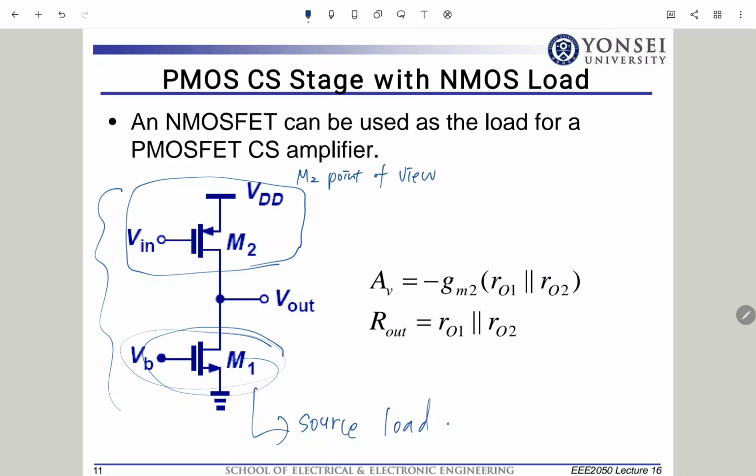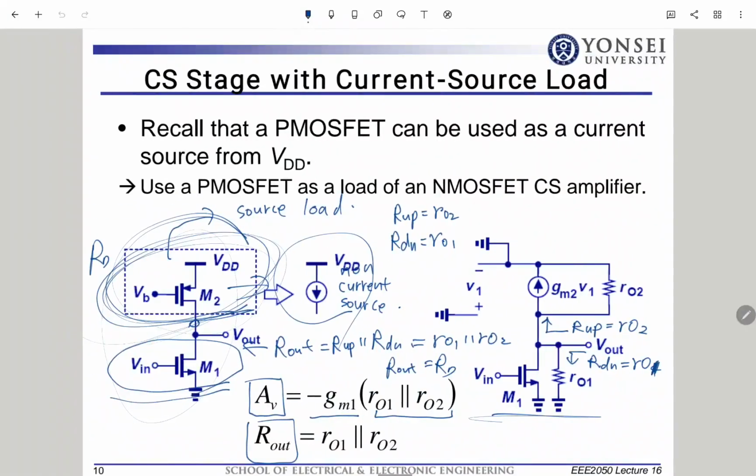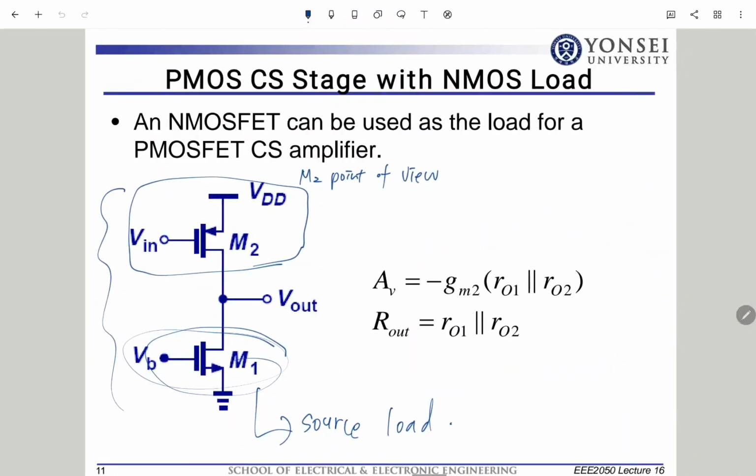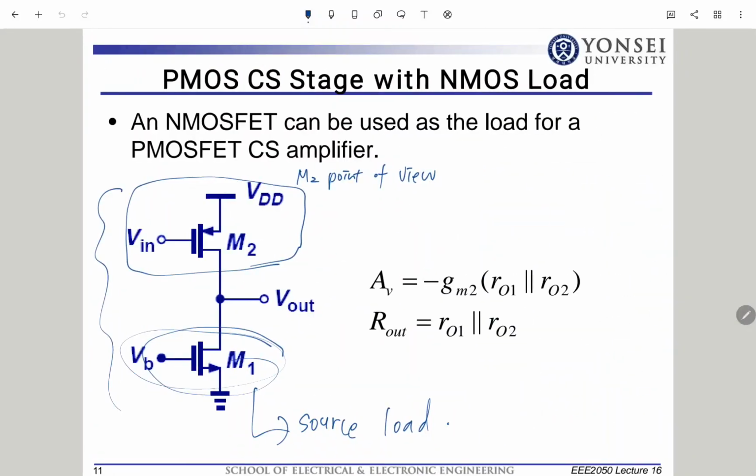Of course, M1 point of view and M2 point of view will still give you the same answer when it comes to R out and the voltage gain. So here we get the same answer. Okay, so how do we get these answers? By analyzing small signal model.